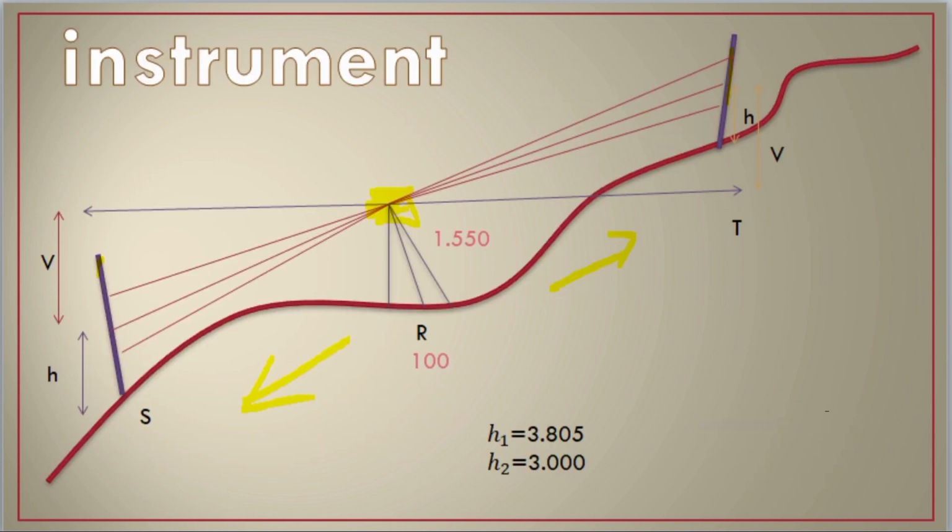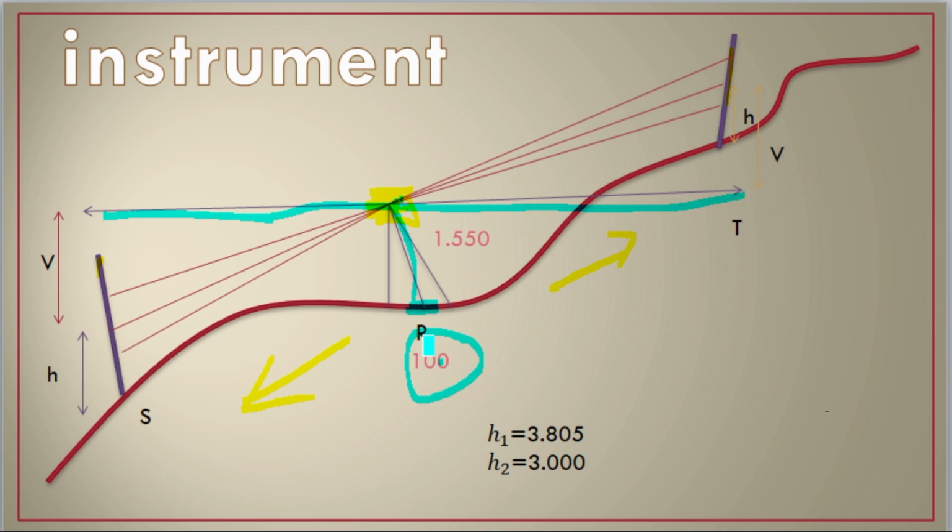Having finished that, let us calculate the reduced level of S and T asked there. We had been given the reduced level of R, by the use of the formulas and also by the use of this illustration. So here, moving from the bottom of the tachometer, the instrument, we add the height of instrument, and by adding the height of instrument we'll have found the line of collimation that was held there.